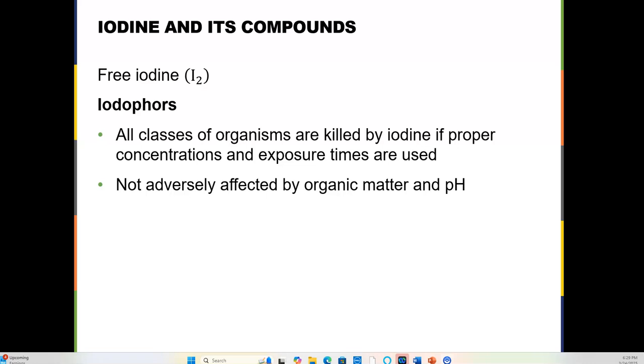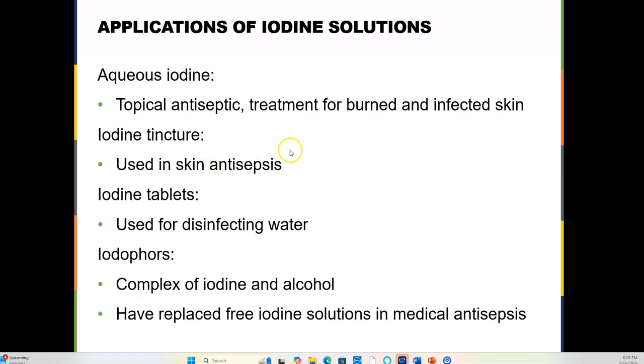Iodine and its compounds: you have free iodine and iodophores. All classes of organisms can be killed by iodine if proper concentrations and exposure times are used, and it's not adversely affected by organic matter and pH. The problem with those is that it stains.